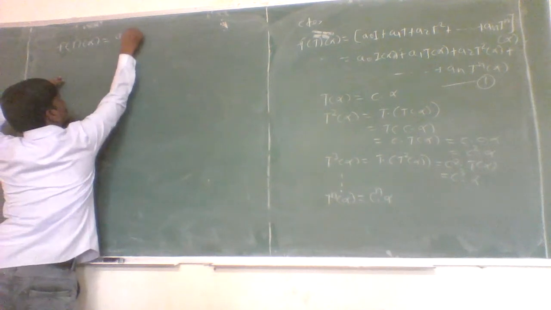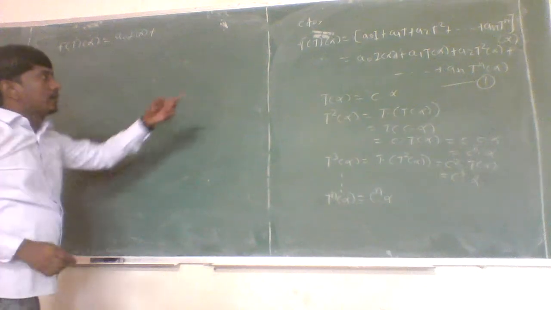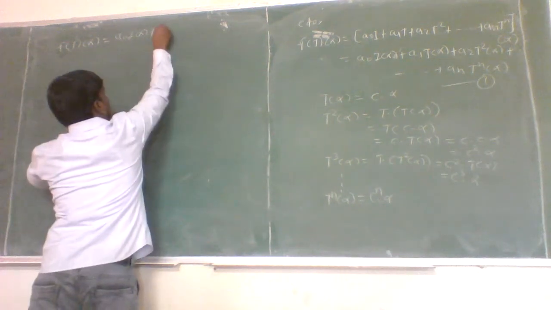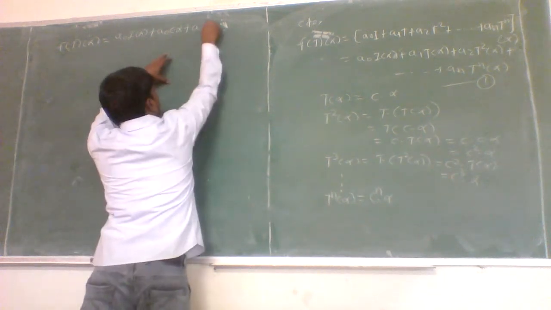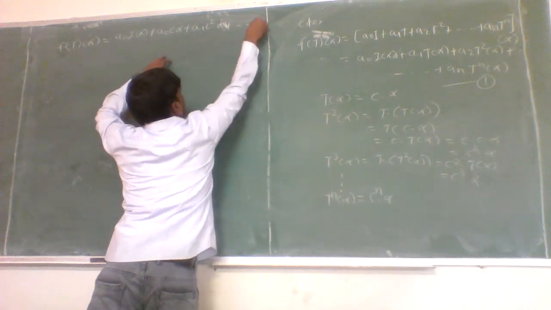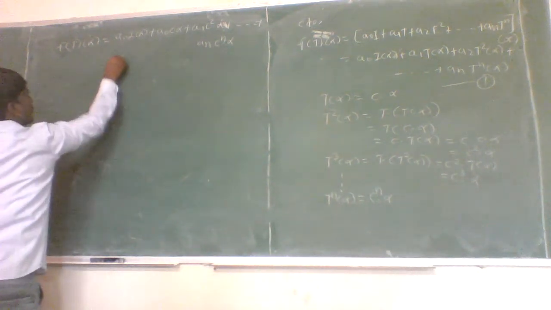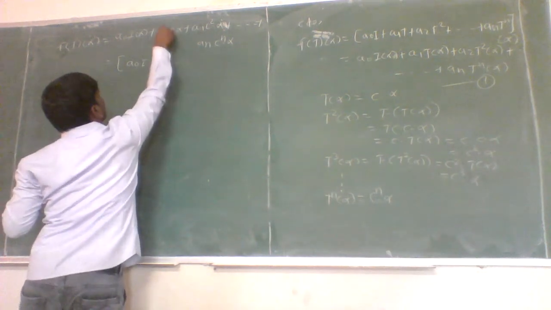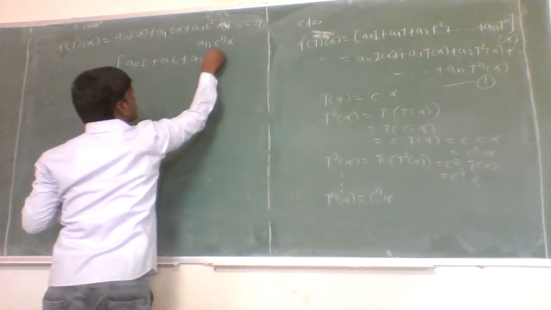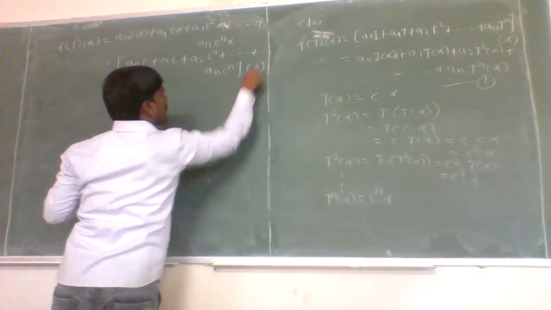f(T)(alpha) is nothing but a0 I(alpha), as it is, a0 I(alpha) plus, now a1 T(alpha) is nothing but c into alpha, a1 c alpha plus a2 c squared alpha plus up to so on an c raised to n into alpha, which is nothing but a0 I plus a1 c plus a2 c squared plus up to so on an c raised to n, of alpha.